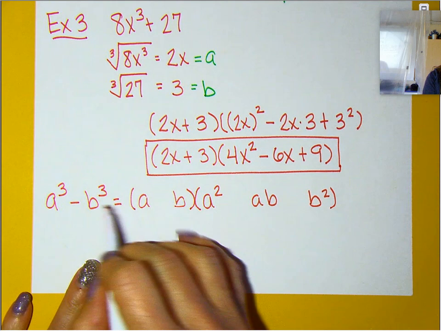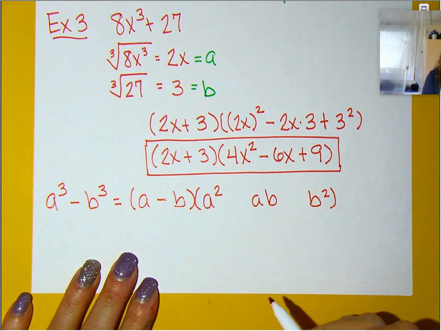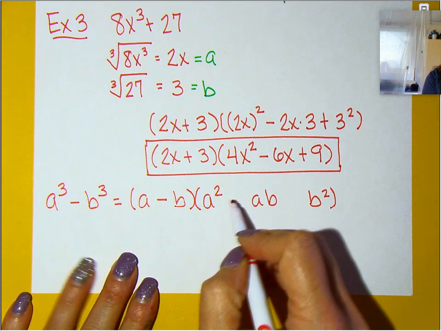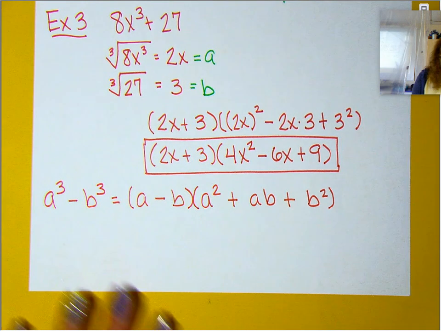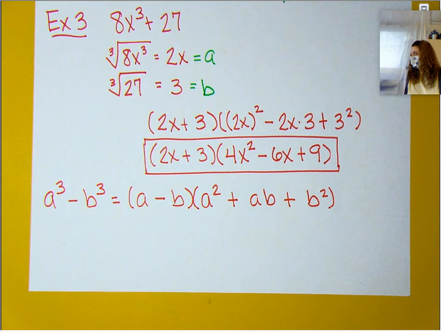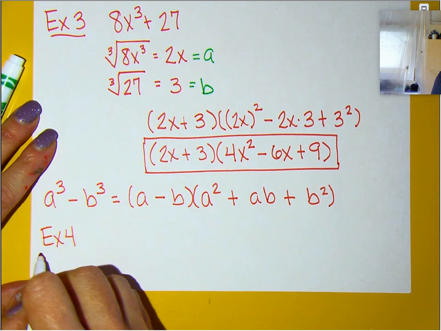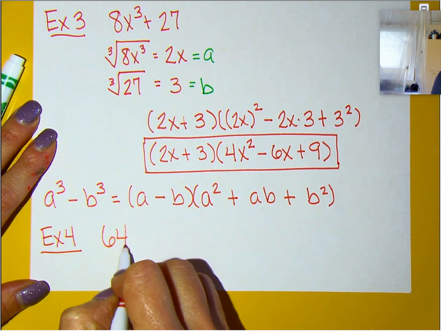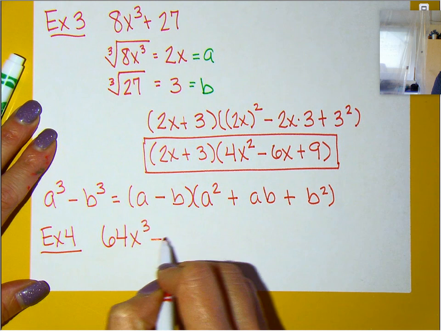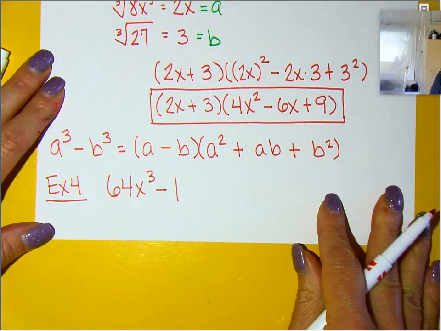First sign is the same sign as what you're given. Second sign is opposite. Last one's always positive. So really you only have to memorize one pattern, and if you know SOAP for the signs, you're good on both of these. So I want you to do by yourself 64x cubed minus 1. Factor that.